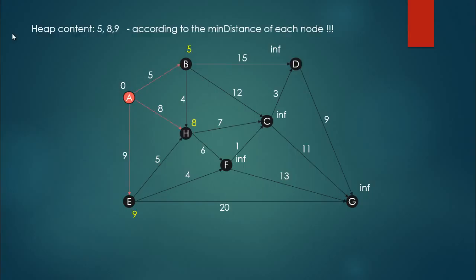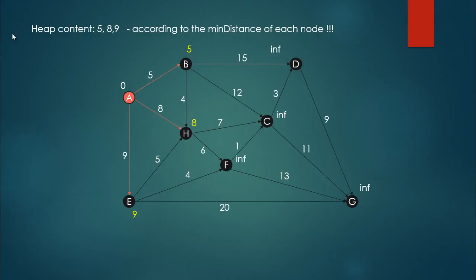After visiting the neighbors, we came to the conclusion that B costs 5 units to get there, and that's why we updated B accordingly, because 5 is less than infinity. It takes 8 units to get from A to H, so we updated H to be 8 instead of infinity. We try to minimize the min distance, of course, that's the purpose. From A to E, it's going to cost 9, so we update E from infinity to 9.